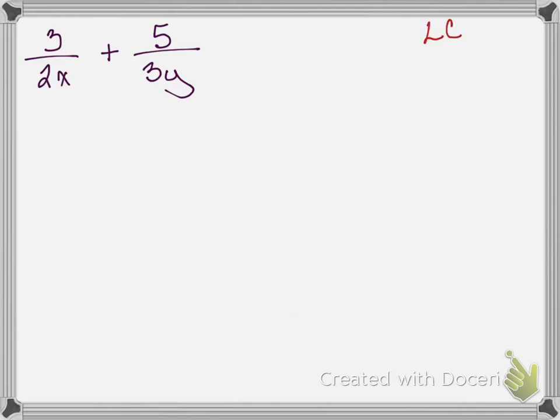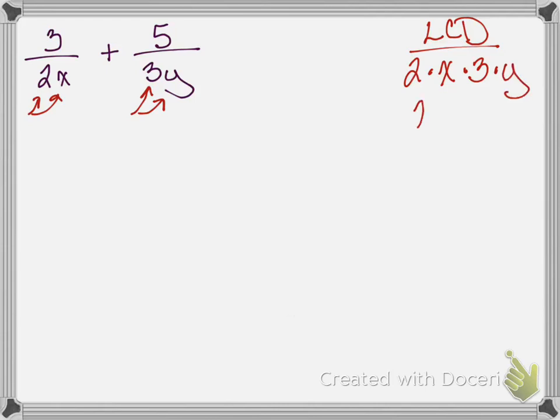Okay, here's my LCD. I'm going to write down my 2 and my x. So I have 2 times x. My next denominator, I say, do I have a 3 already there? Do I already have a y? Okay, so my denominator is 2 times 3 times x times y.